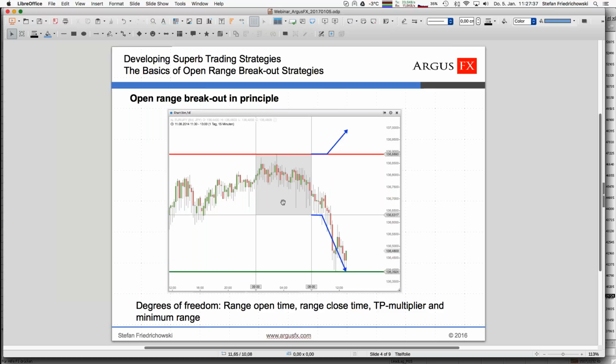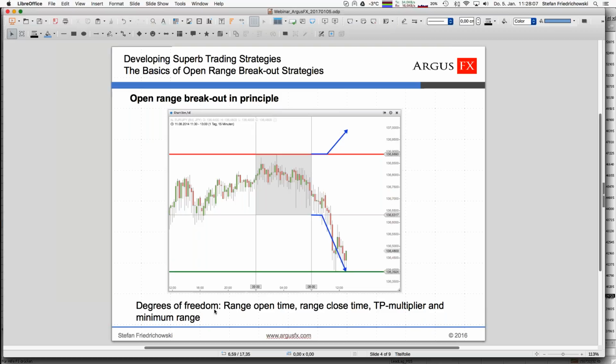Think about, we have a very small range. Then only by this random behavior of all underlyings, we might open a trade, and then after some wiggles up and down, we are already stopped out. So if the range is too small, the potential to have a very fast reach of the stop loss is quite high.